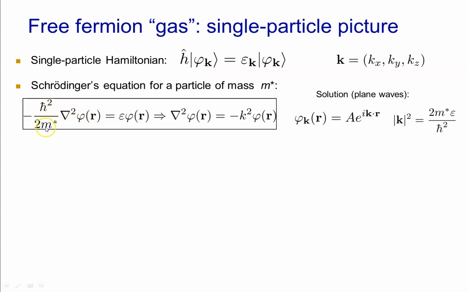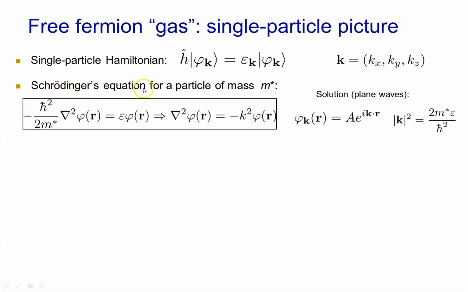And here I'm using m star to represent the effective mass, and we discussed that in the very first class of the course, how the mass of the electron in these materials is usually not equal to the bare electron mass, but has a smaller value. But this essentially fits the idea that we have these free effective fermions.